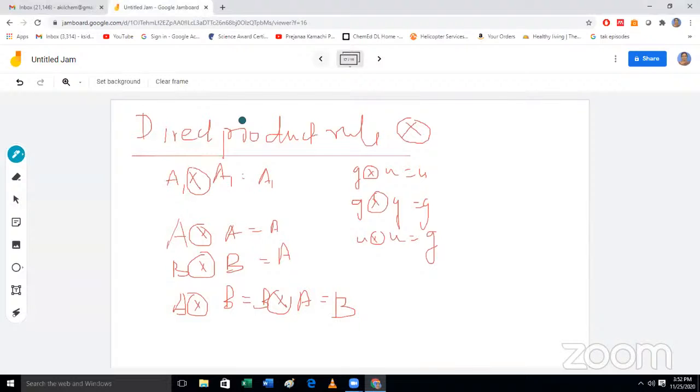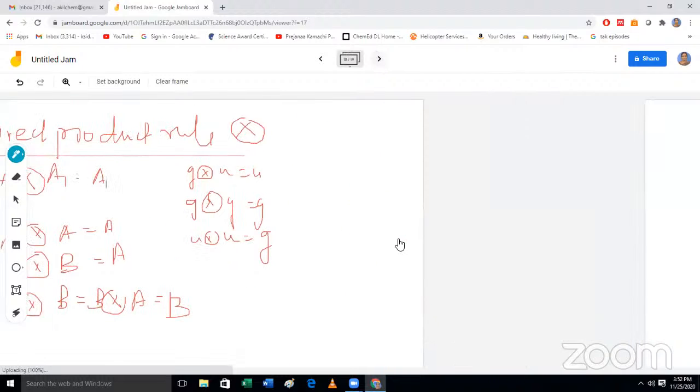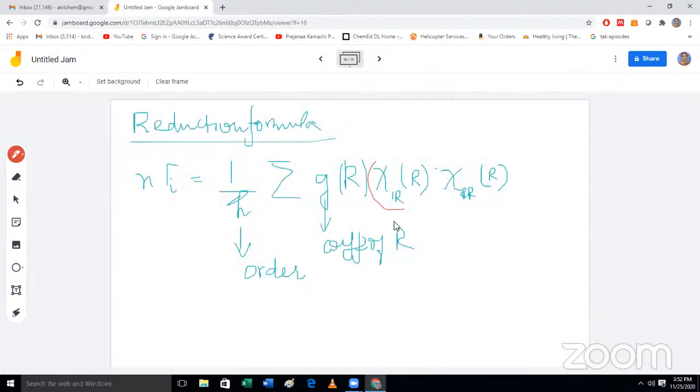And chi of R is the character of any particular symmetry operation, the character under any R operation in the character table.